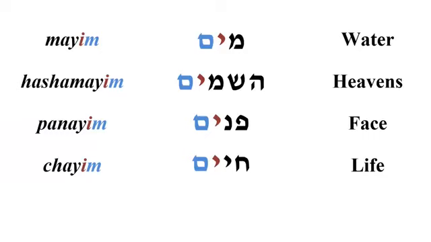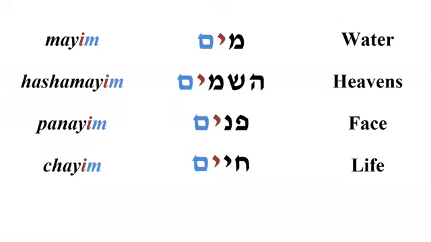And a couple of words that you'll discover end in Yud Mem, plural, that you wouldn't necessarily think of as plural. The word water, mayim. Remember, we have to get into God's way of thinking. I wonder why the Jews are so successful, because they have Hebrew and it's God's perfect language. That's a big head start. So we want to be thinking in God's language.